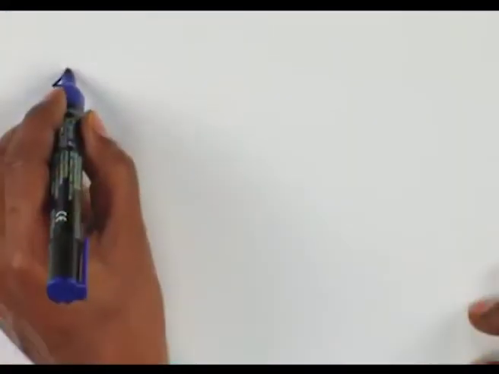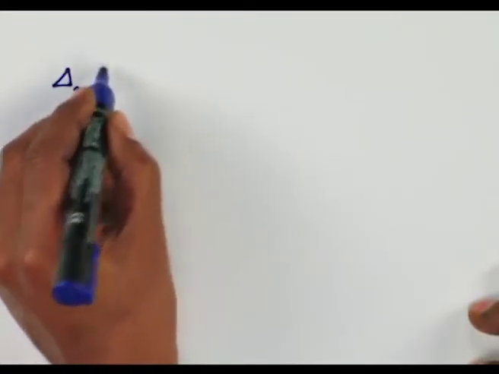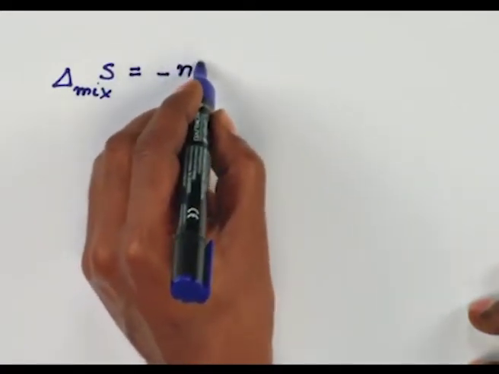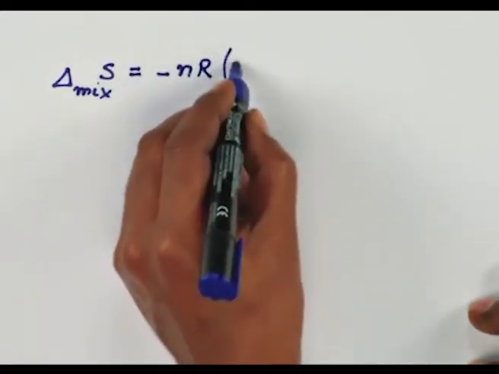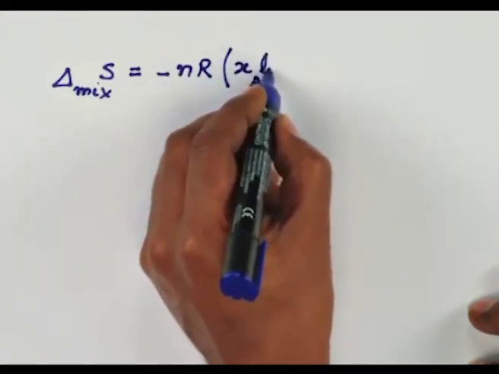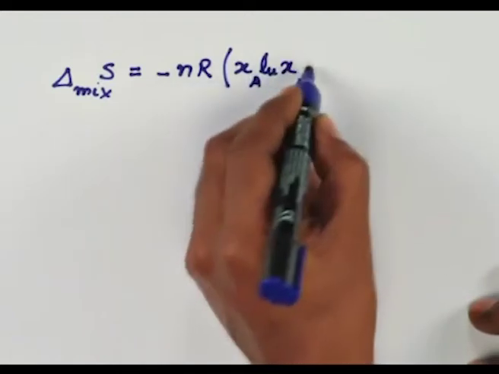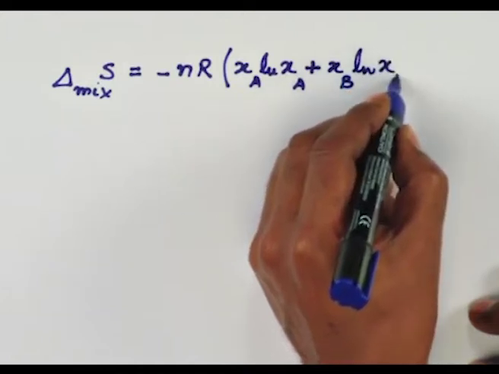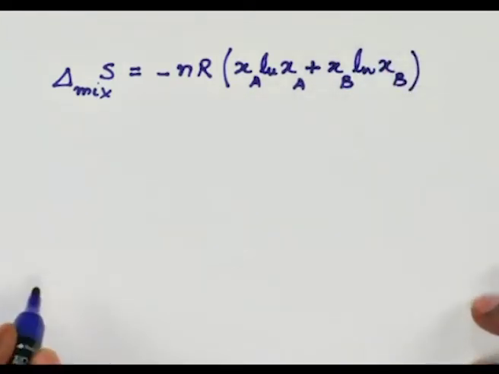Since we are talking about hexane and heptane, let me represent one by A and the other by B. The entropy of mixing is equal to minus NR, XA log XA plus XB log XB, where A is for hexane and B is for heptane.